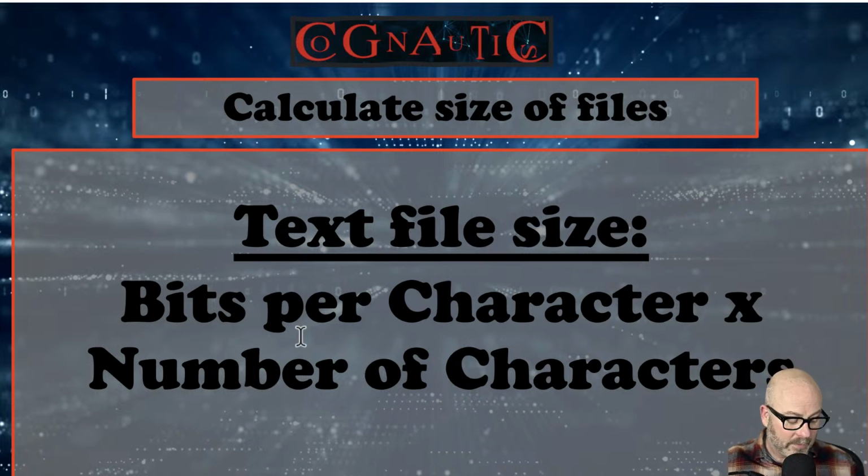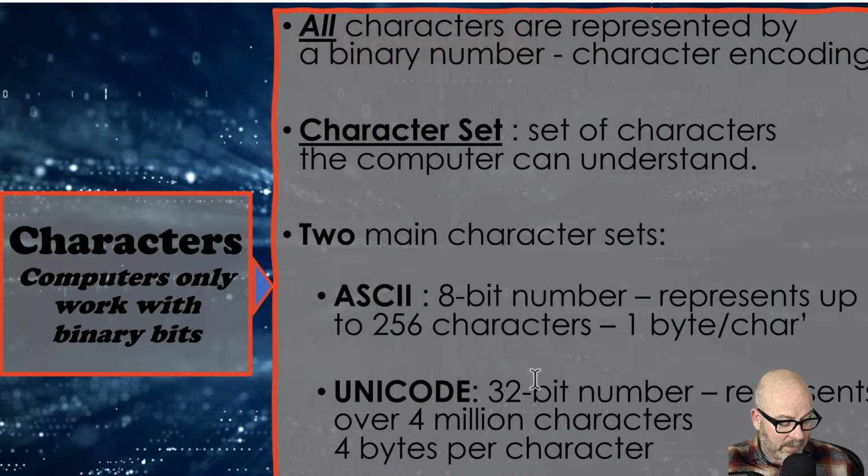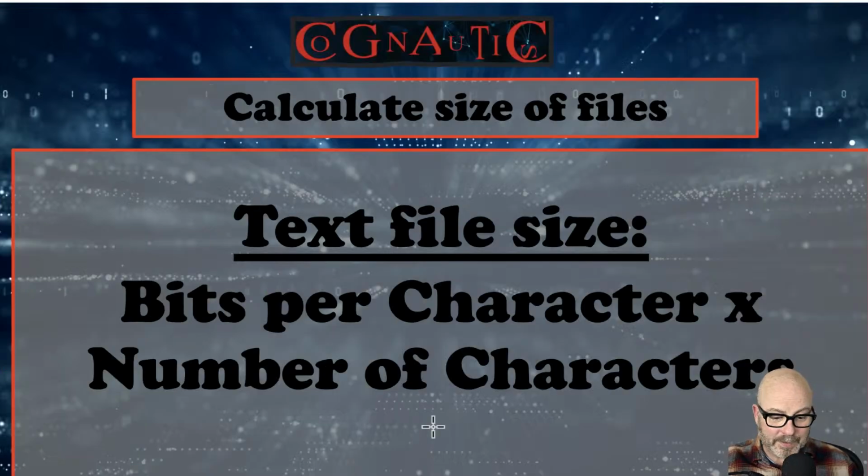In other words, going back to here, is it ASCII with 1 byte per character, which is 8 bits, or is it 4 bytes per character, 4 times 8, 32 bits, okay? 8 bits or 32 bits per character. So that information they'll give you, and then it's just some simple maths after that.